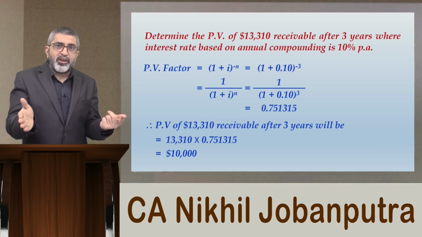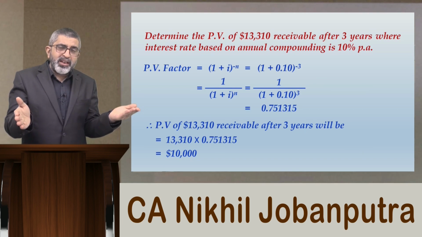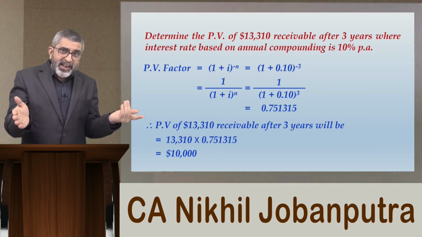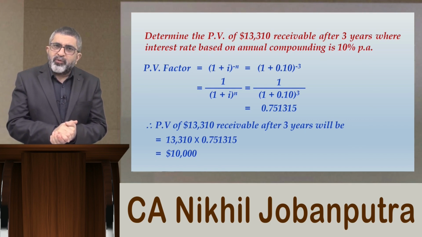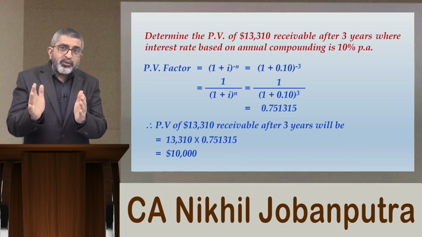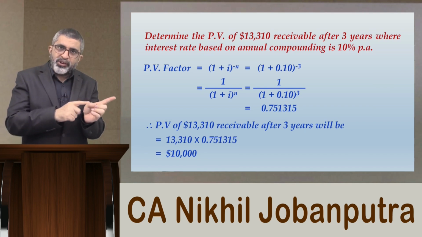You pick $10,000 now or you pick $13,310 3 years later, it will not make any difference at all. So we would say the present value is always going to be smaller than the future value.